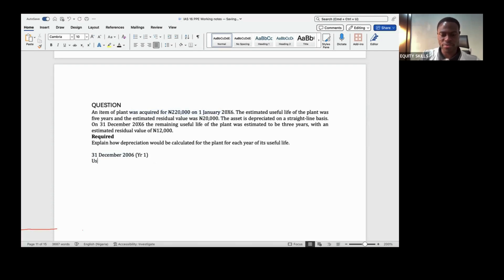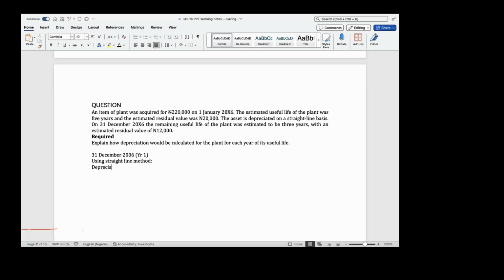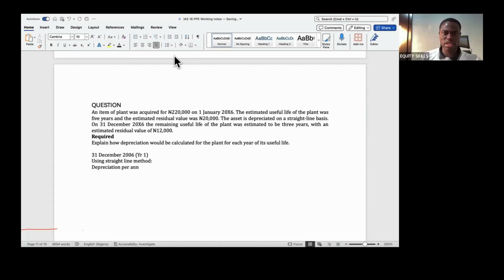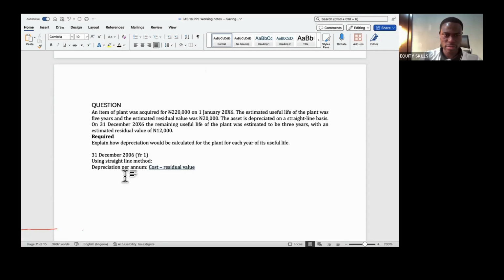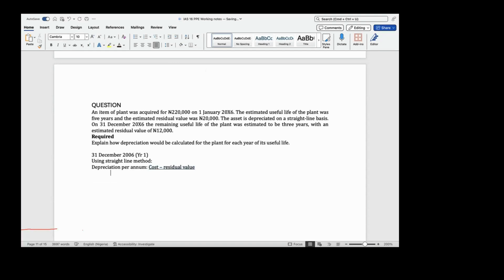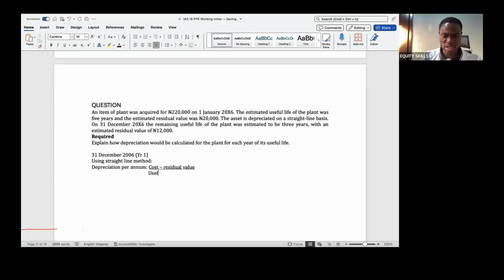Using the straight line method, my depreciation per annum will simply be cost minus residual value, divided by the estimated useful life.